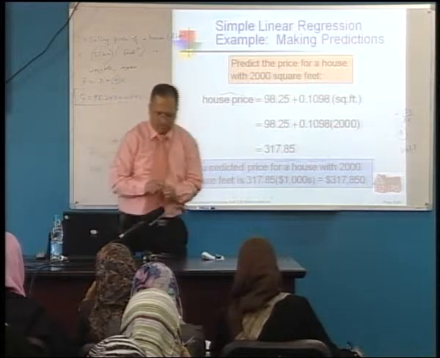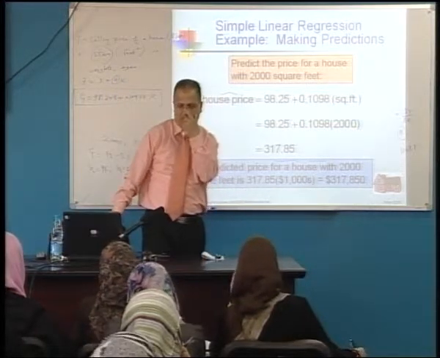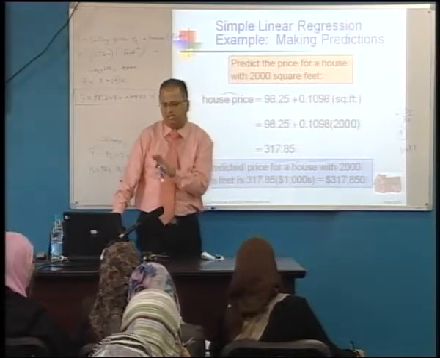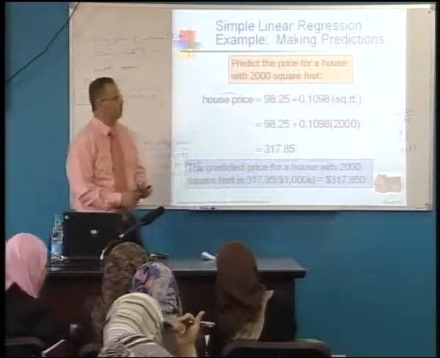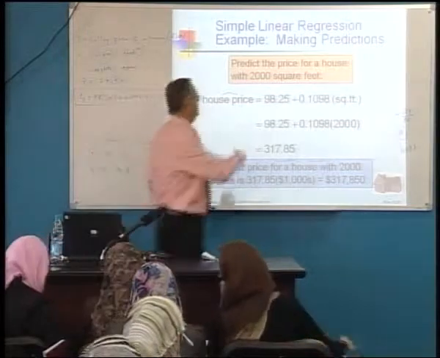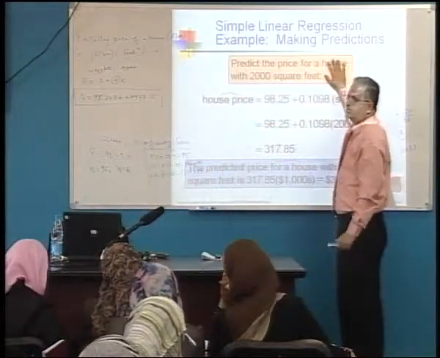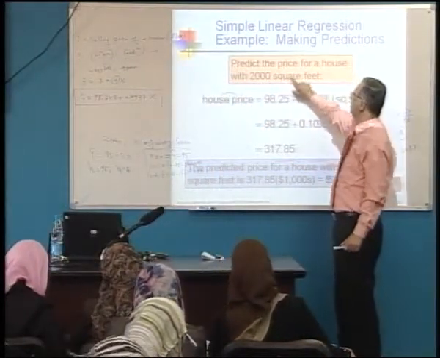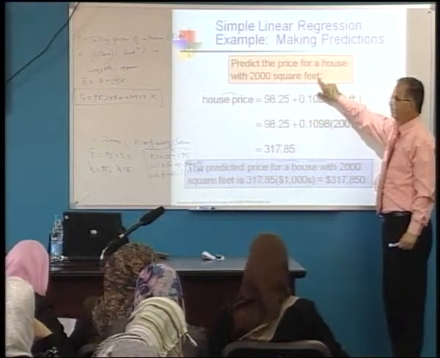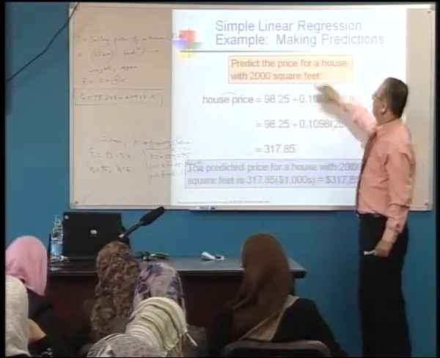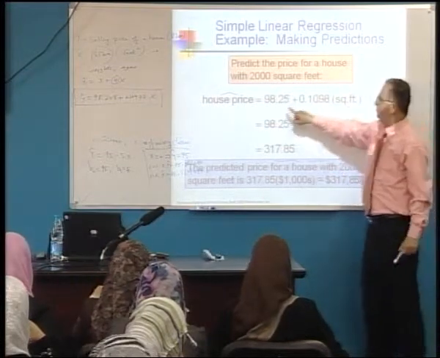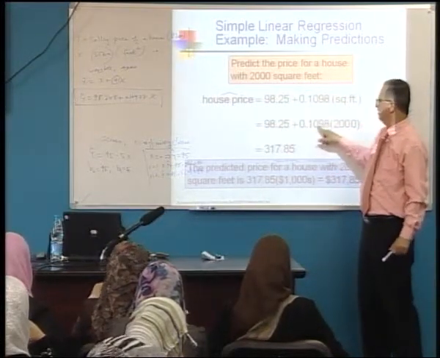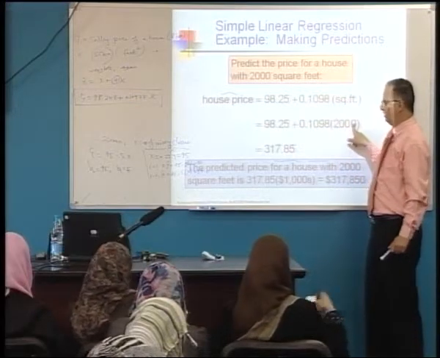Now we can also use the regression equation line to make some prediction. For example, we can predict the price of a house with 2,000 square feet. You just plug in this value. So we have 98.25 plus 0.109 times 2,000.